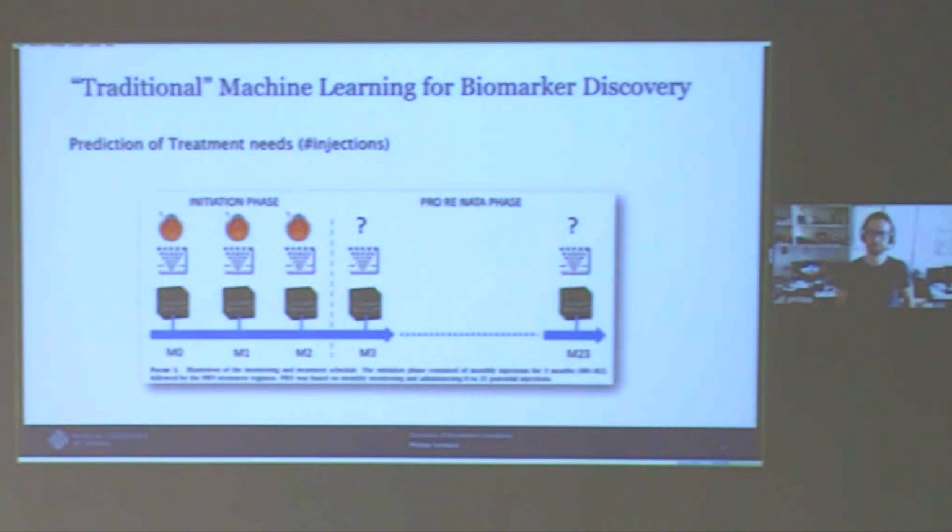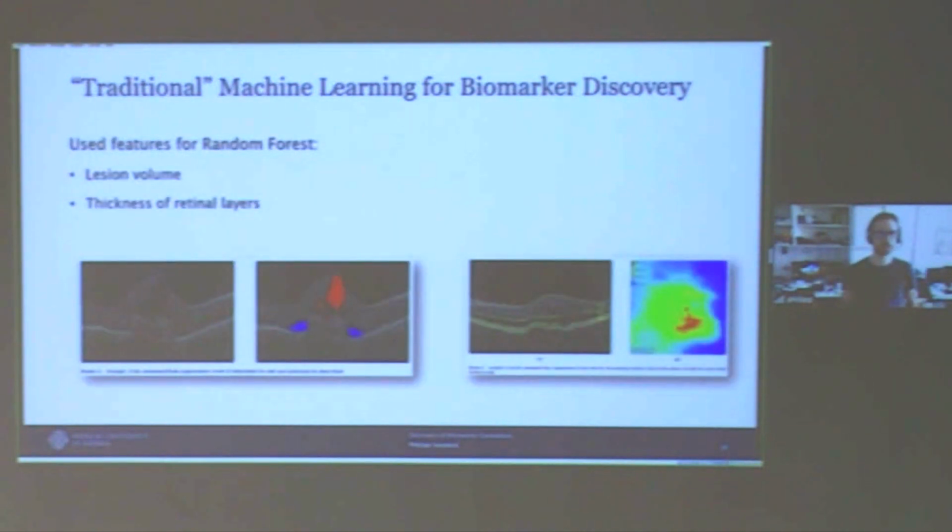So we defined features that the doctors thought would be relevant for this prediction task. We took volumes of lesions that we segmented, we took the thickness of the retina and other features.